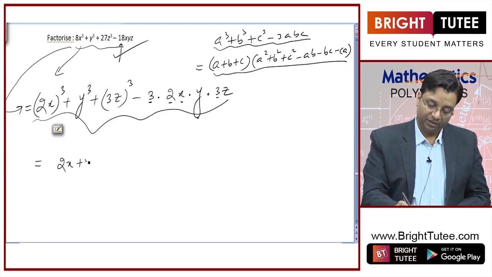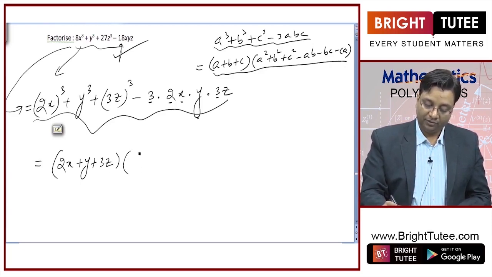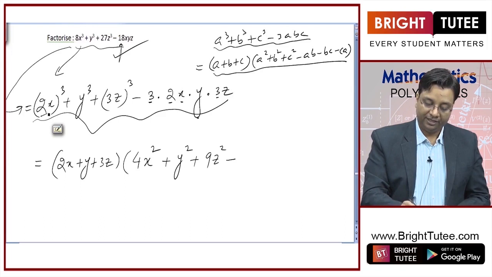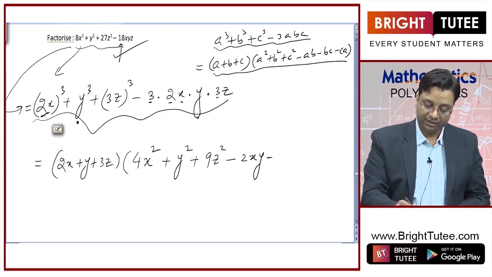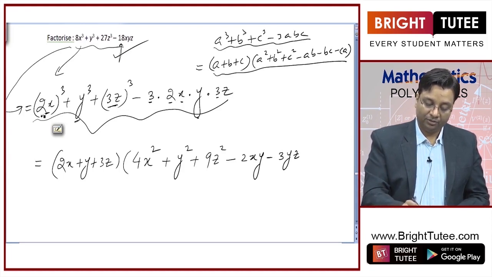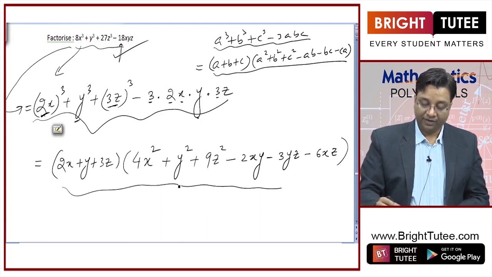So it will be equal to 2x plus y plus 3z into 2x square, that is 4x square, plus y square, plus 3z square, 9z square, minus ab, that is 2x into y, so 2xy, minus b into c, that is y into 3z, that will become 3yz, and then minus 3z into 2x, that is 6xz. Now this is the factorized form of this.